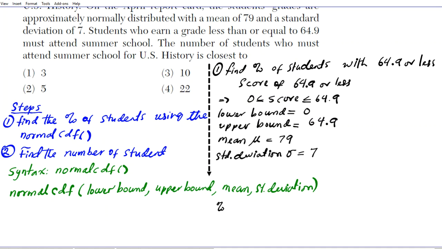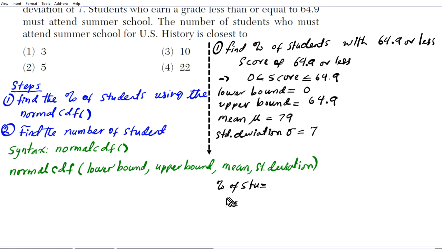Alright, so the percentage of students is going to be, now in the calculator, let's apply this formula. We're going to enter normal cumulative distribution function, parenthesis, the lower bound is 0, comma, upper bound 64.9, comma, the mean, which is 79, comma, standard deviation, which is 7, and then let's see what we get.